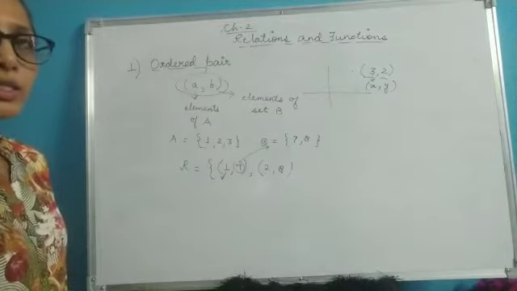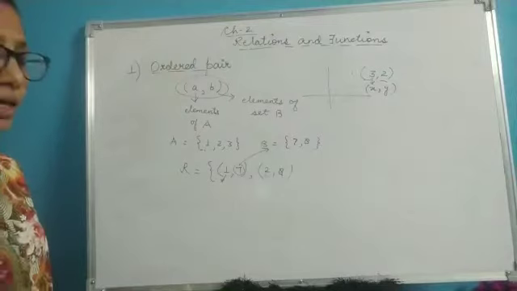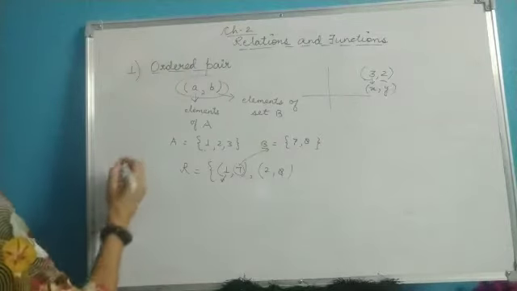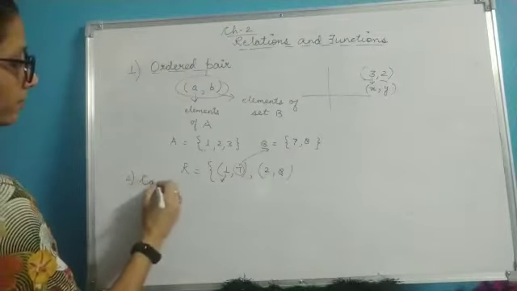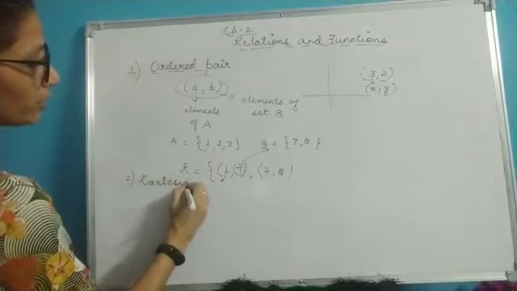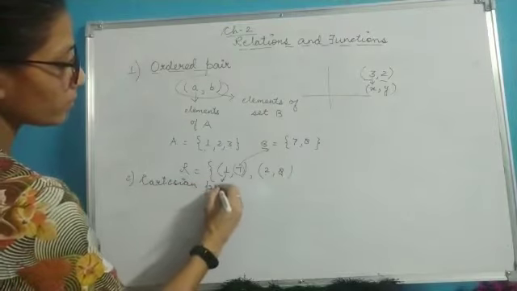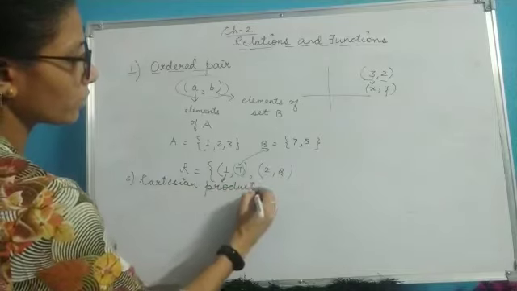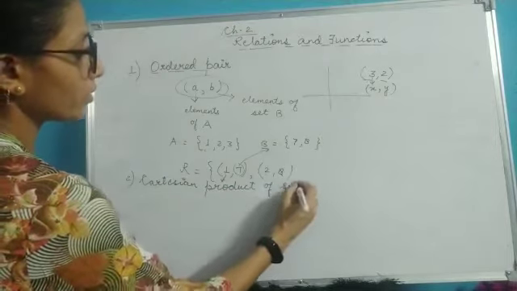Now next is the Cartesian product of sets. So second is Cartesian product of sets.